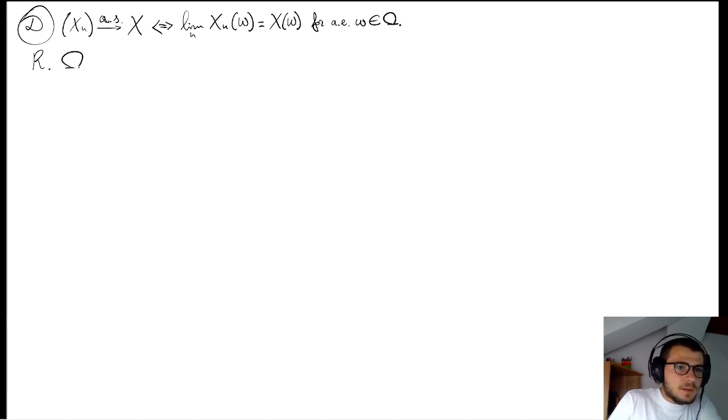call Omega 0 the set of events such that the lim sup of Xn(omega) is equal to the lim inf of Xn(omega).